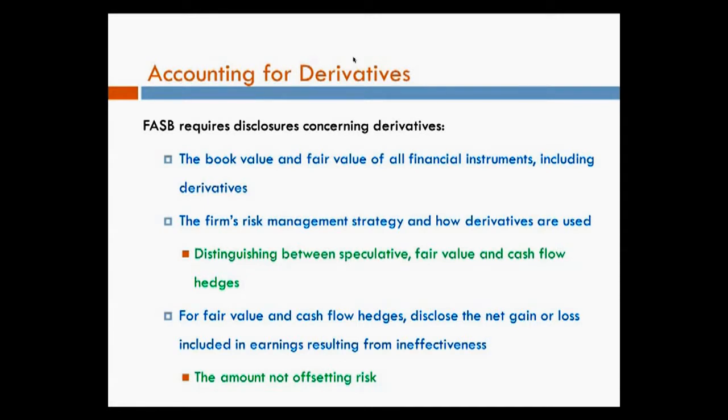So FASB requires disclosures on derivatives. You need to disclose the book value and the fair value of all your financial instruments, including derivatives. You define your strategy. So are you a speculative investor in derivatives, or are you doing it for fair value or cash flow purposes?